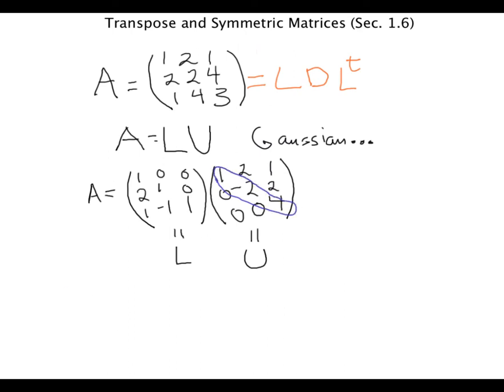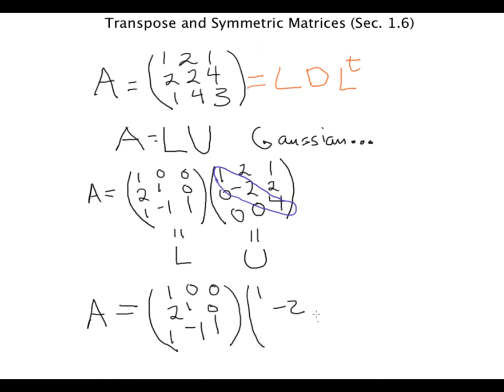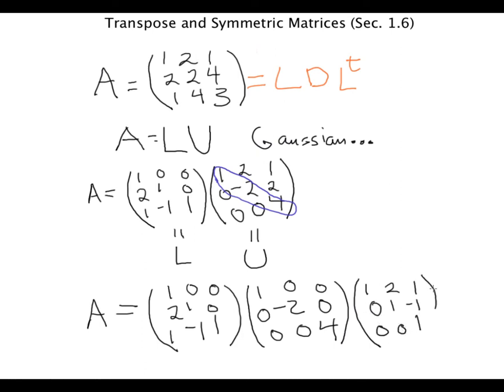So we've just done the entire computation. We find that A is equal to 1, 1, 1, 2, 1, minus 1, times the diagonal entries here, 1, minus 2, 4, with zeros elsewhere, times the transpose of L, which is to say 1, 1, 1, 2, 1, minus 1, 0, 0, 0.